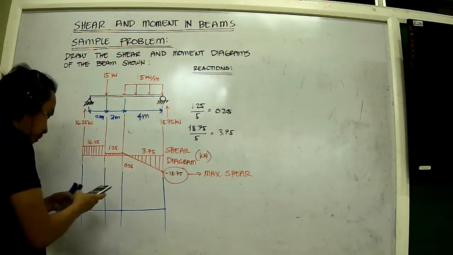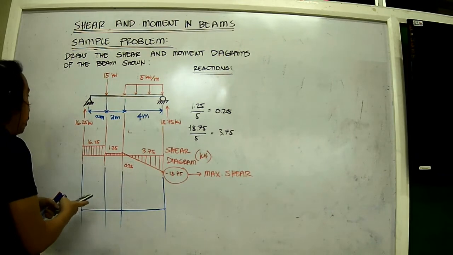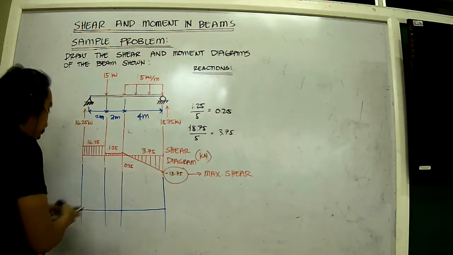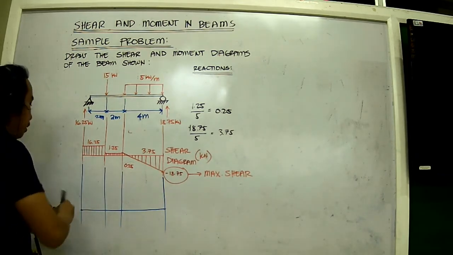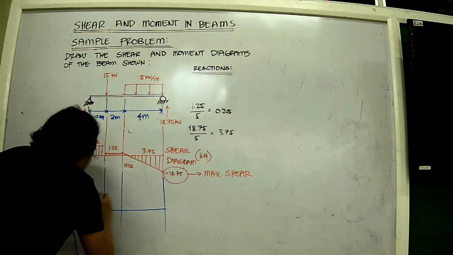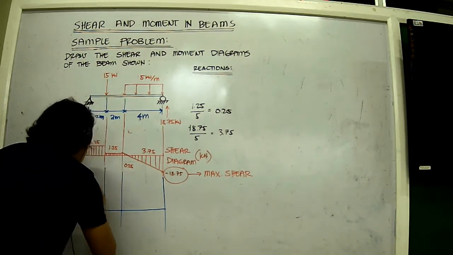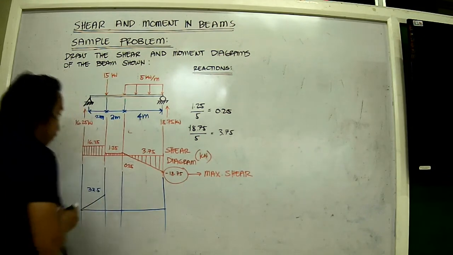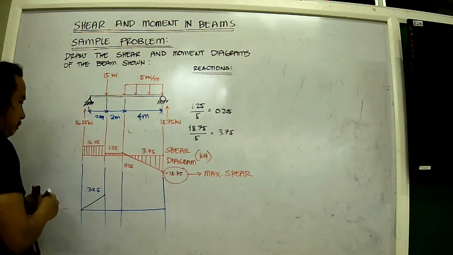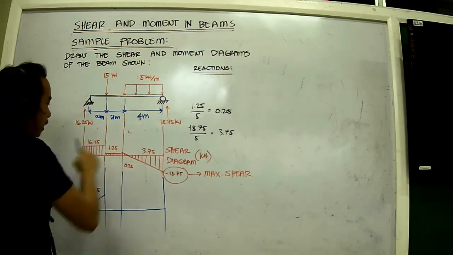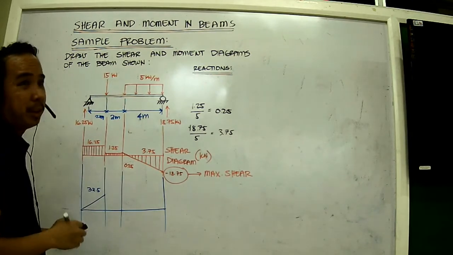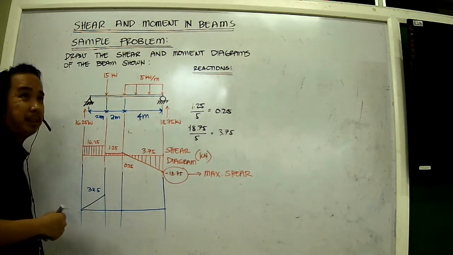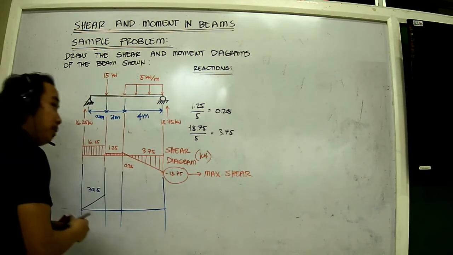Then the area of 1.25 times 2 is 2.5. 2.5 plus 32.5 is equal to 35.